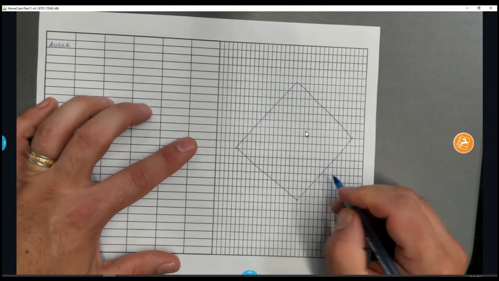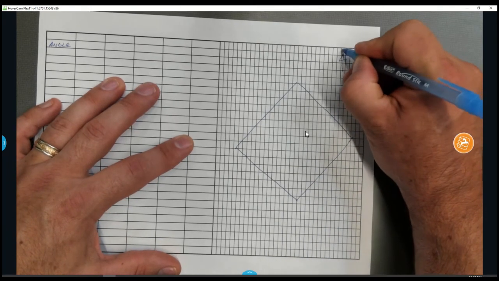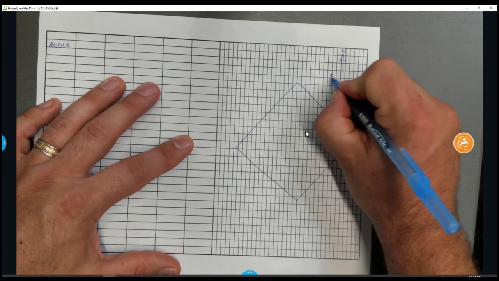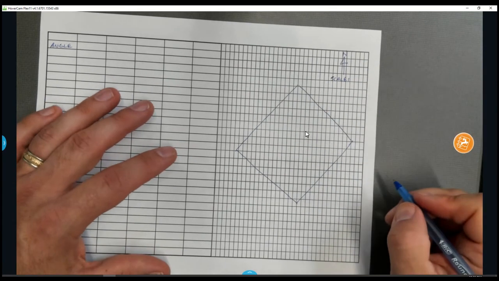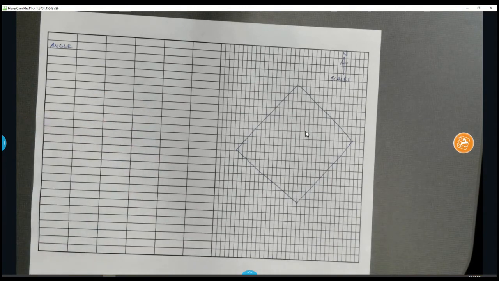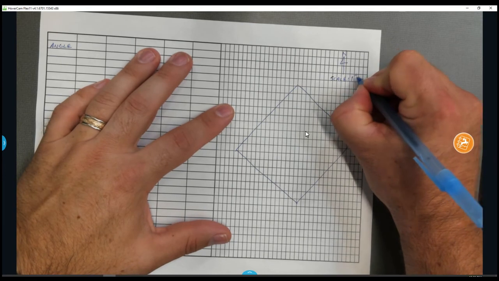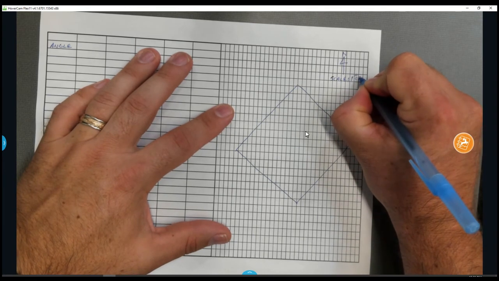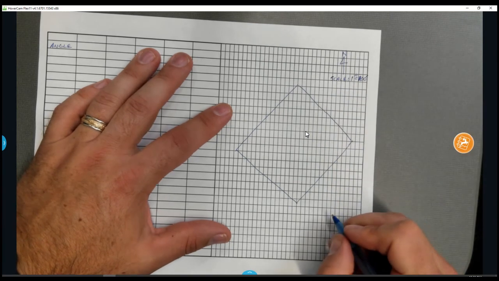I want to make sure I have my north arrow on there, and my scale. If you guys can try to draw this to scale, it might be great. I'm going to say on here is 1 inch equals 100 feet. That's my scale.